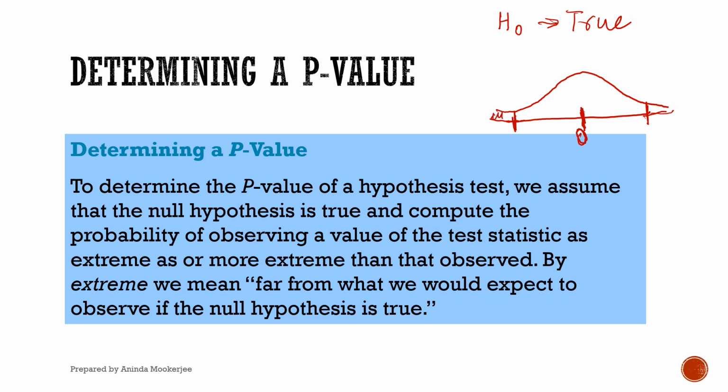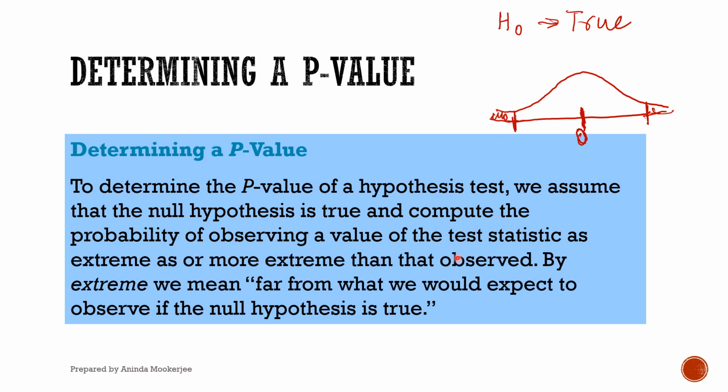The area gets smaller and smaller as we go towards the ends of the curve, correct? So if the test statistic is located far off from 0, then the probability is going to be low for that test statistic.